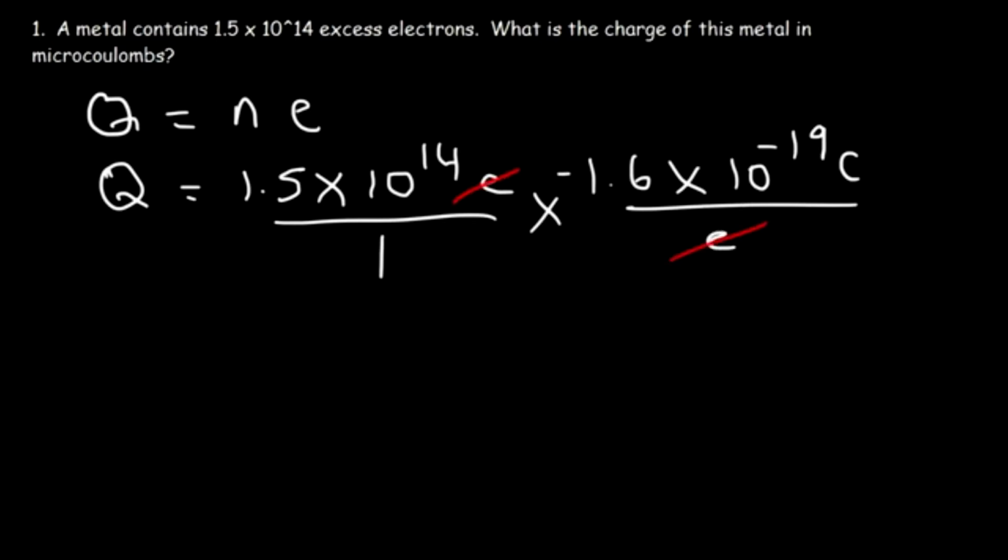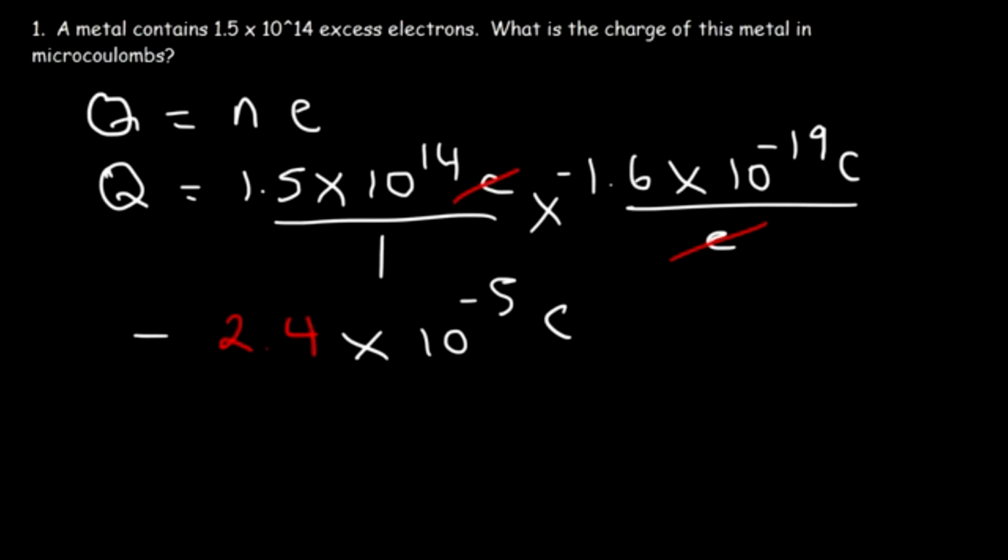So the number of electrons will cancel, and then when you multiply these two values, the units will be in coulombs. So you should get 2.4 times 10 to the negative 5 coulombs, and it's negative.